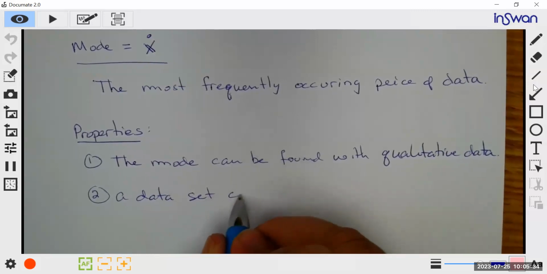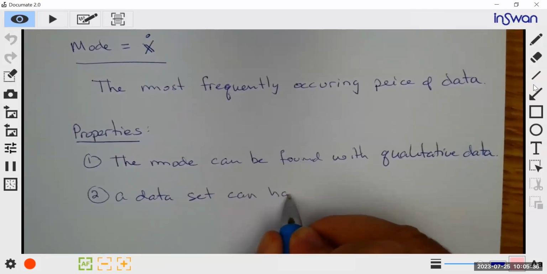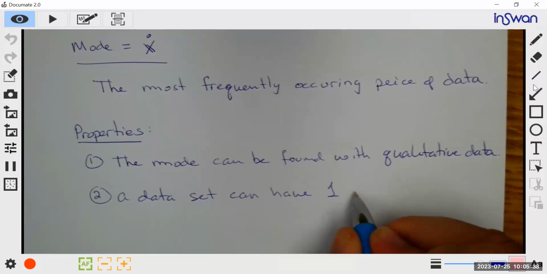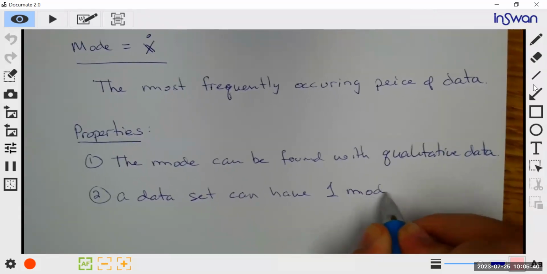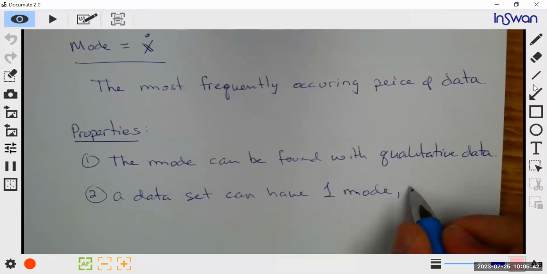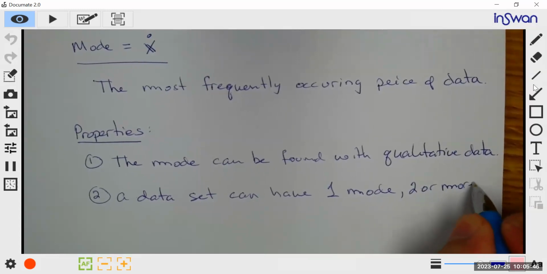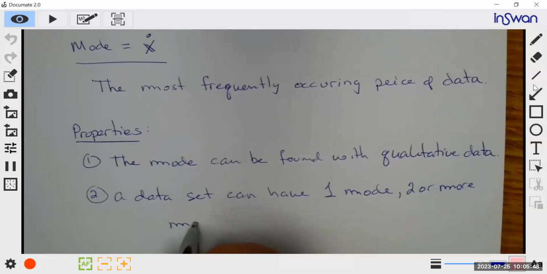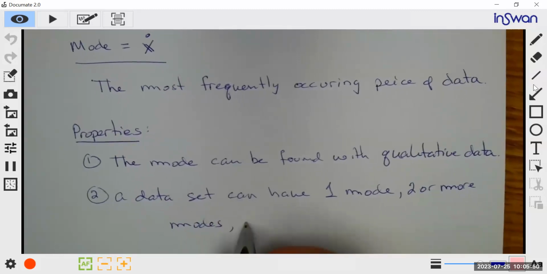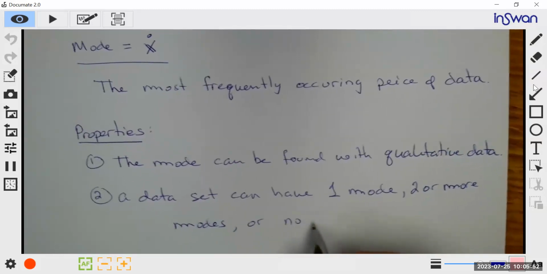A data set can have one mode, 2 or more modes, or no mode.